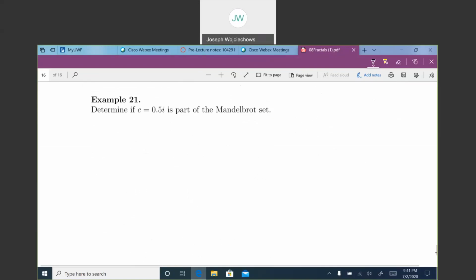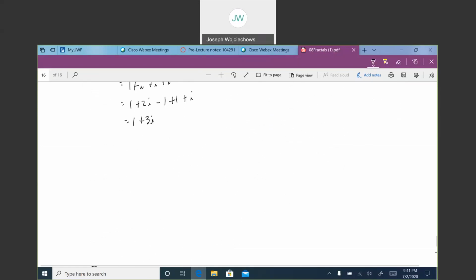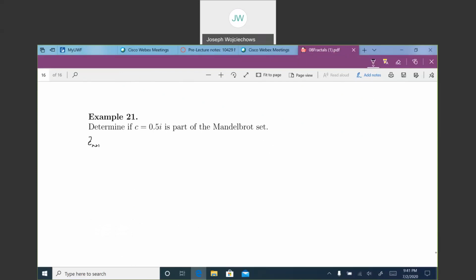Let's look at this one here. Again, what did it say? Z sub n plus 1 is equal to Z sub n squared plus C, and Z sub 0 is defined as 0. So Z sub 1 is equal to 0 squared plus 0.5i, which is 0.5i.